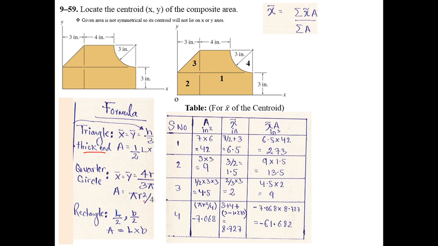The area is pi r square upon 4, which is 7.068 inch square, and its centroid is measured from this point, the center of the quarter circle, in the direction of x. It will be 4r upon 3 pi. So 4r upon 3 pi is 1.273.